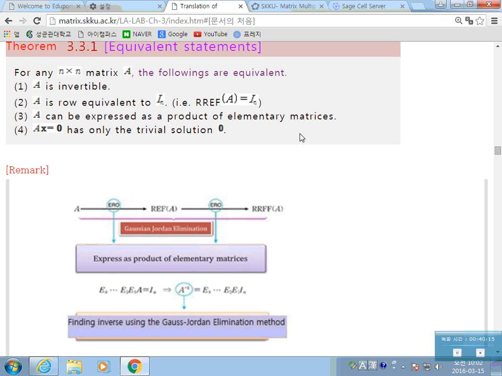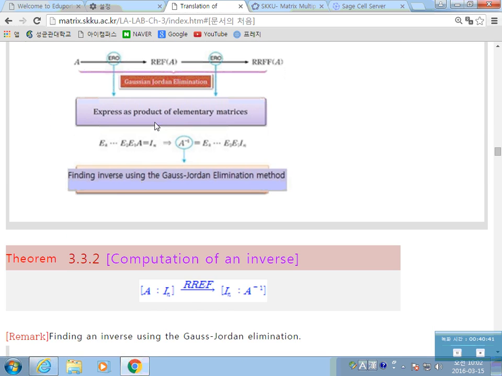Because when it's invertible, if you take elementary operations a finite number of times, it will end with the identity matrix. So AX equals 0 has only the trivial solution. That's the unique solution, because A inverse exists: multiply A inverse on both sides, then X is A inverse times the 0 vector, which is the 0 vector. So X should be 0. They are all equivalent.